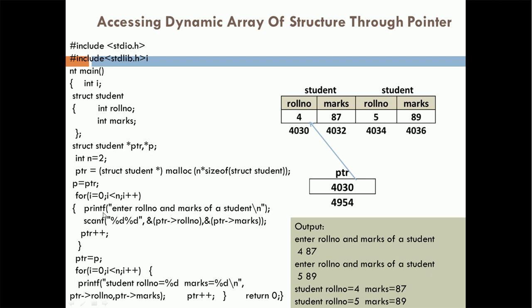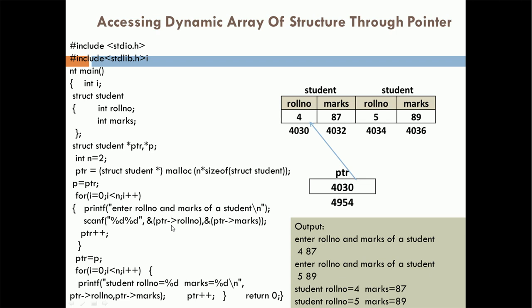For that purpose we have used a for loop here, which executes for the value of i from 0 to 1. In this loop we are going to assign values to the different fields of the structure student. So in the first iteration, this will provide the values to the first element of the array.